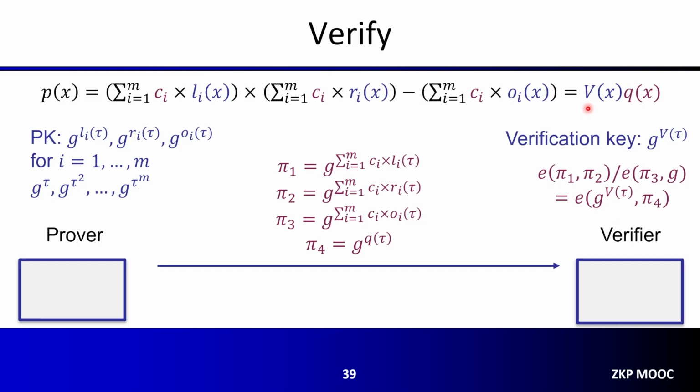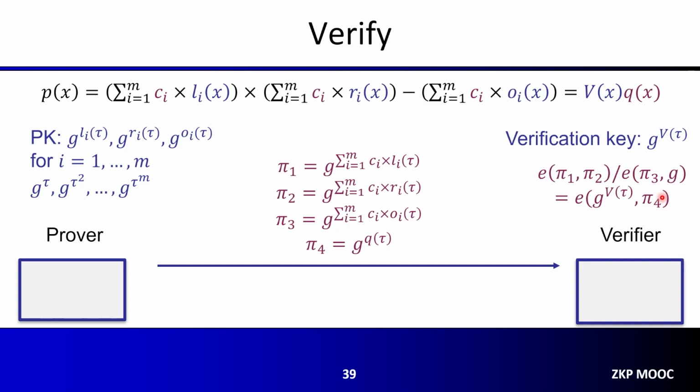Finally, on the right-hand side, the verifier is trying to compute v(x) times q(x) evaluated at this point tau. So how can we do that? Again, by bilinear pairing. The verifier is going to compute the pairing of g to the v(tau), which is given as a verification key and is known information, with pi4, which is generated by the prover. And again, if the prover is honest, this is g to the q(tau), and the right-hand side gives you g to the v(tau) times q(tau) in the exponent in the target group.